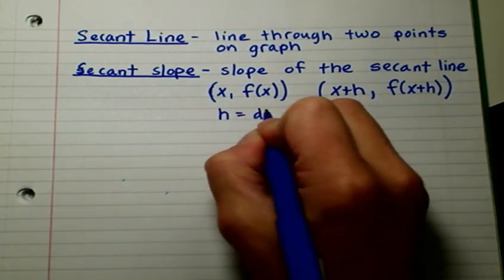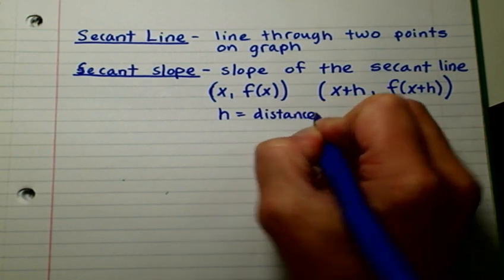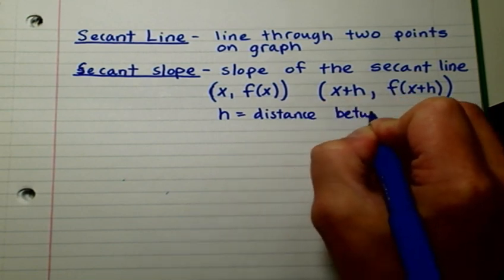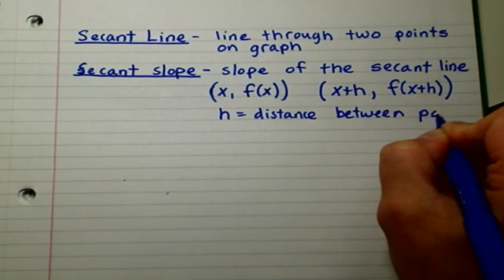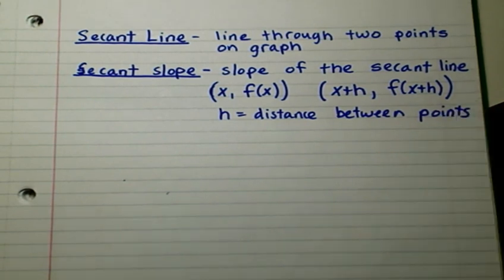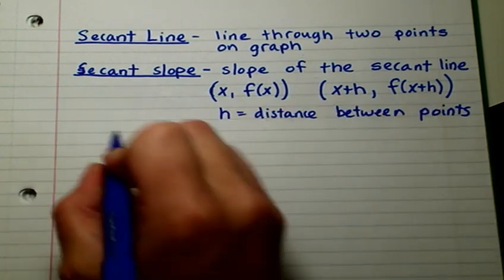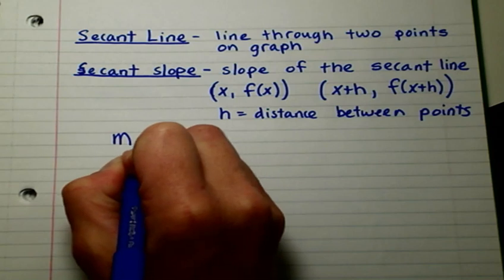H is the distance between the points, how far apart they are. Okay, so let's write the formula.